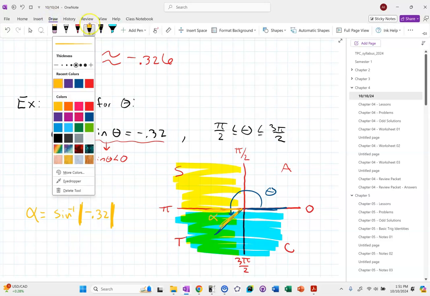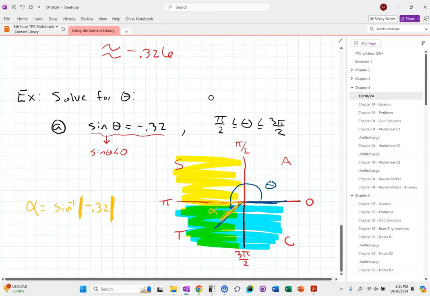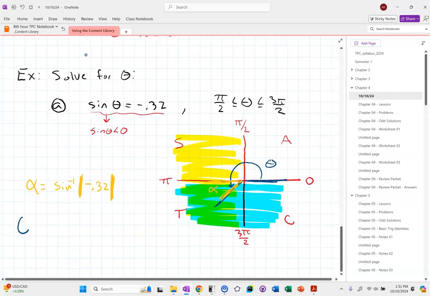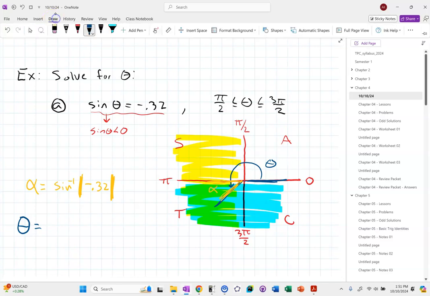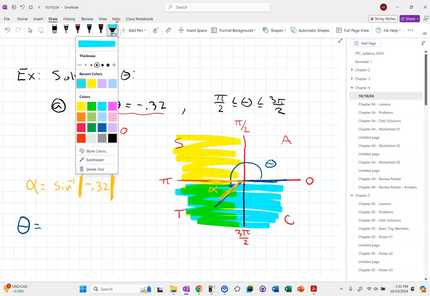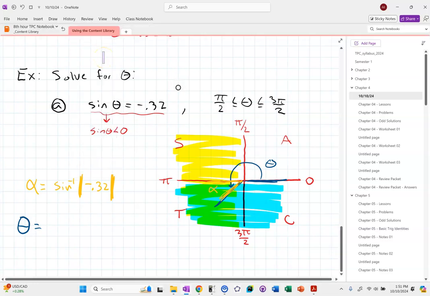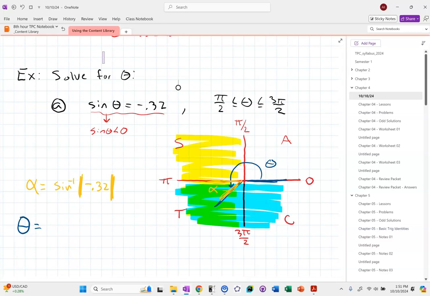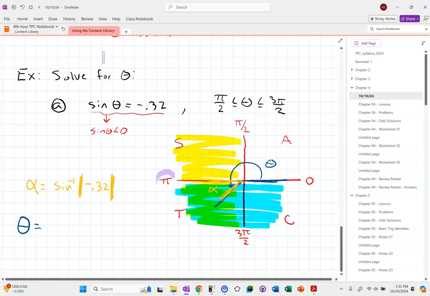Now we're going to write an equation to solve for theta. When theta is a positive number, my solution is going to be the piece of the x-axis that makes up alpha.